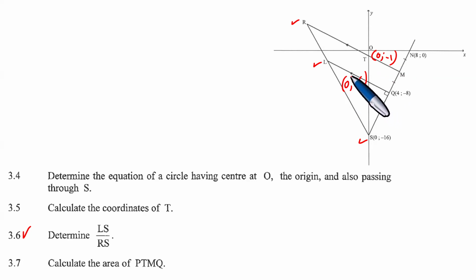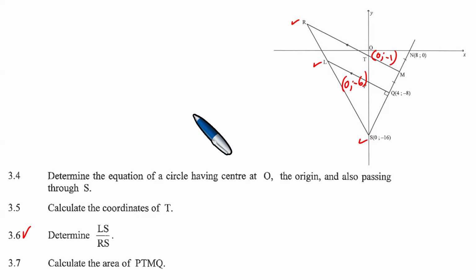Right, so we continue. We continue to solve this one, please. Okay, try the question, please. We're doing 3.6. Try the question, and then we shall do it together now.